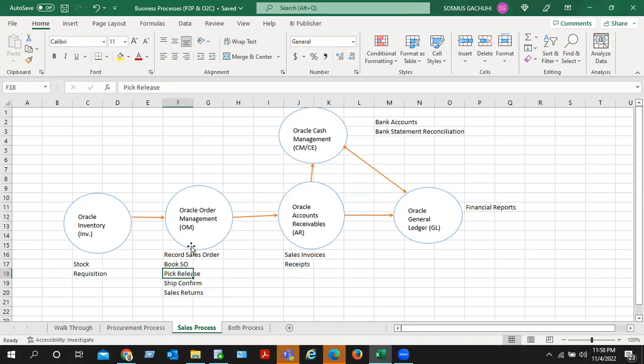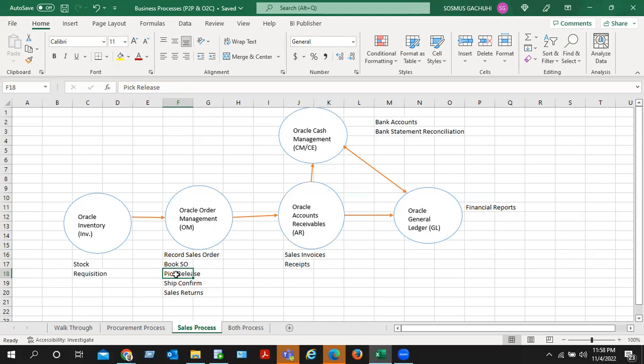And once they have communicated that, the sales department through Oracle order management will do pick release.